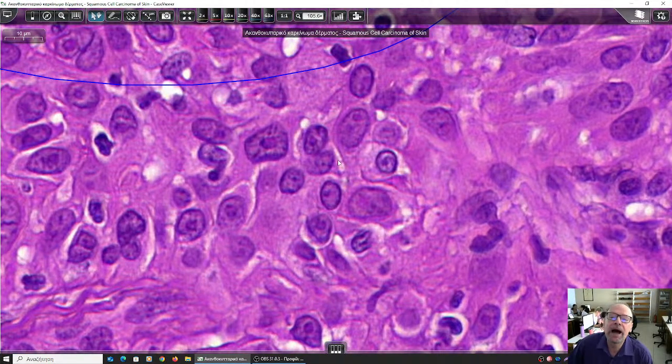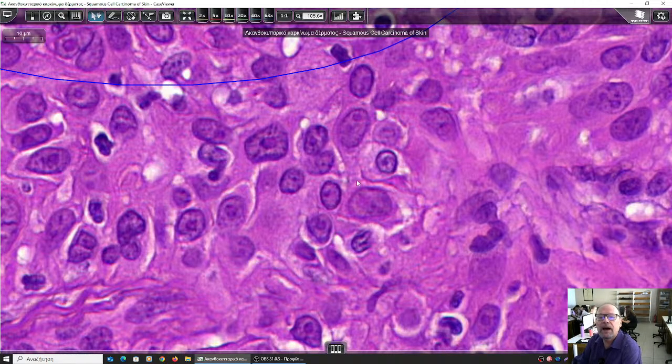Have a look at one malignant cell with one next to it. What are these? Have a look here. This is a sign of squamous cell differentiation.